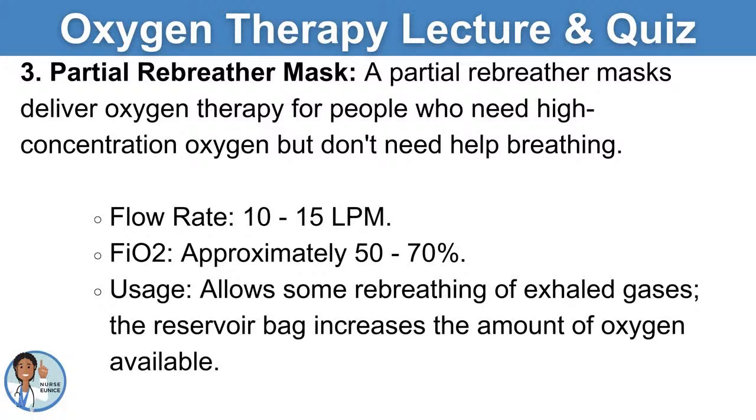You want to turn that dial as high as it can go, depending on your patient's presentation. The FiO2, or the percentage of oxygen that the person will be breathing in, would be 50 to 70%. The usage: it allows some rebreathing of exhaled gases. There's a reservoir bag at the end, and it's going to increase the amount of oxygen available. The image is on the next slide.